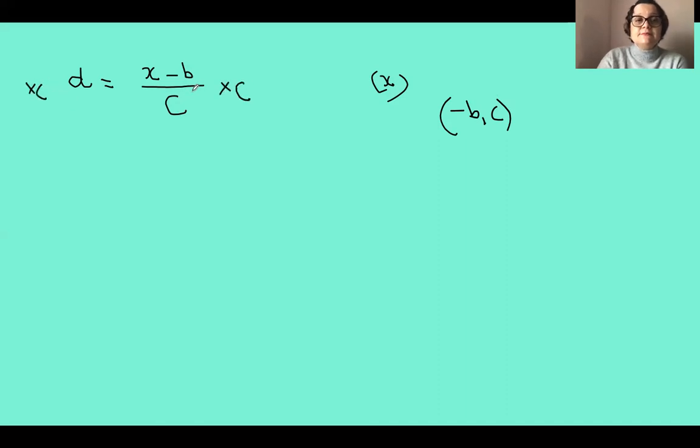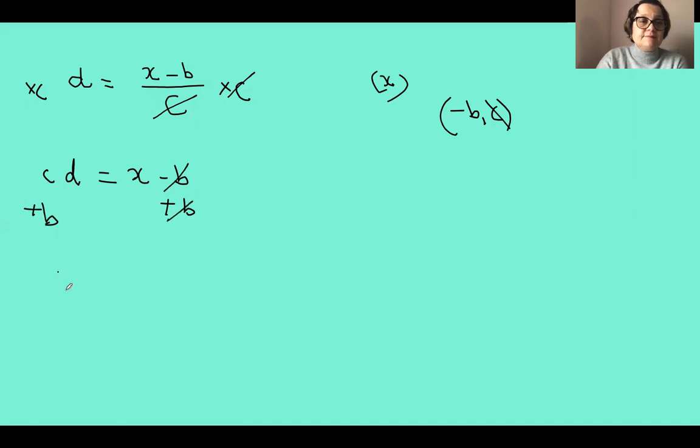So c times d and the whole fraction by c. Cross the c out, and then on the left-hand side, we're going to have cd equals x minus b. Now we got rid of the c, let's cross it out. Next one to get rid of is minus b, so we apply the opposite operation, plus b, cross the minus b out.